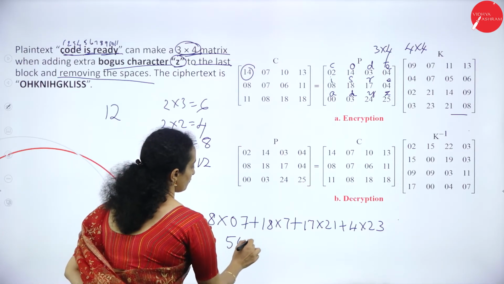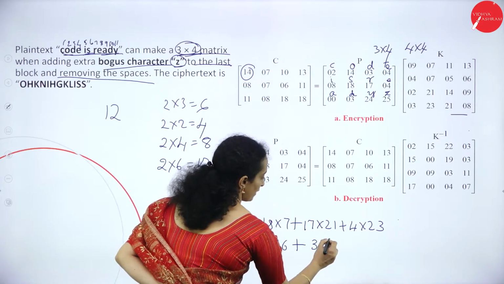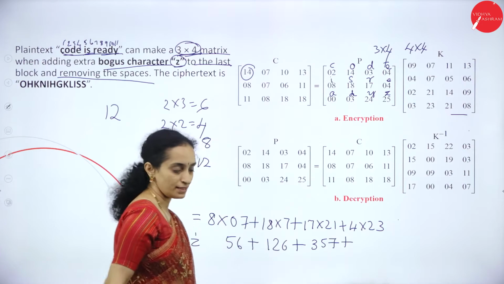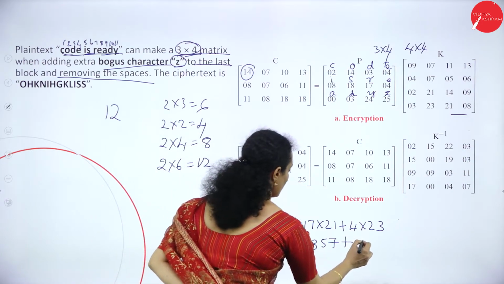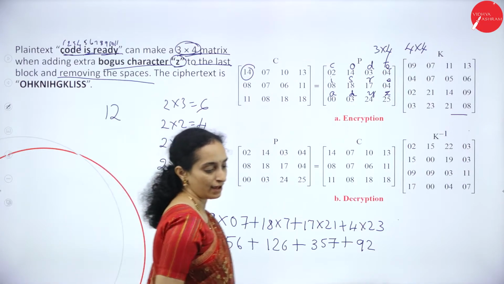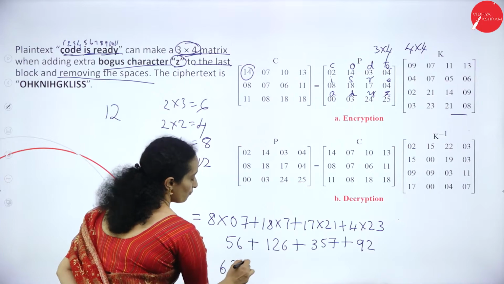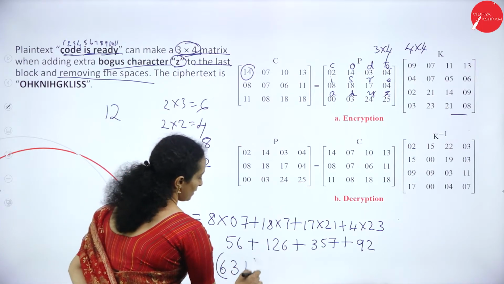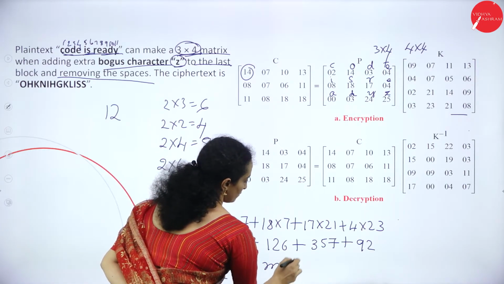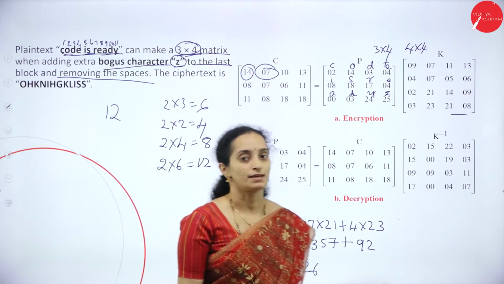This will be 56, 126, 357 plus 92, which will have a total of 631, which will again be mod 26, which will give you the remainder 7.